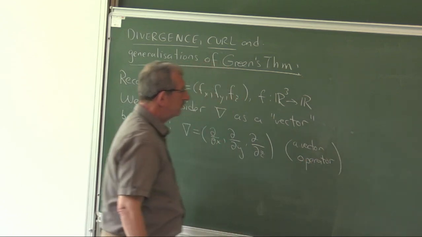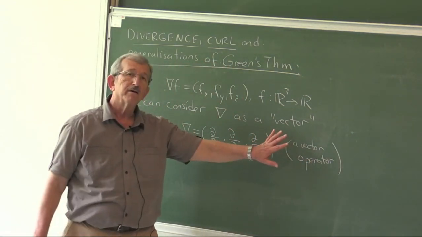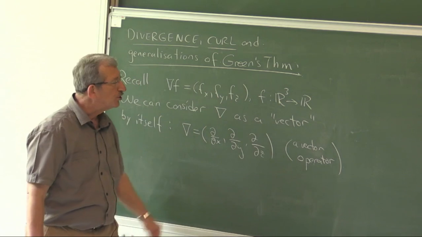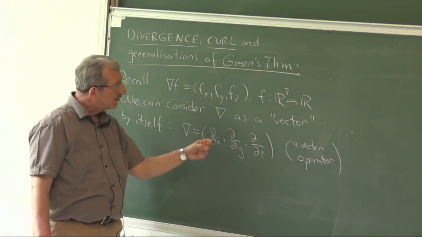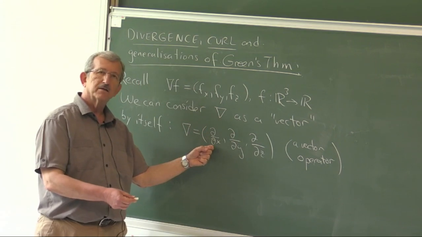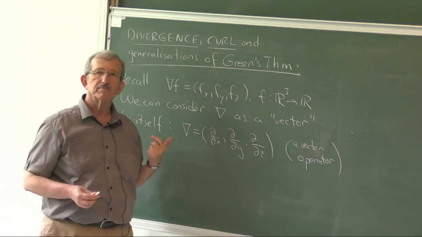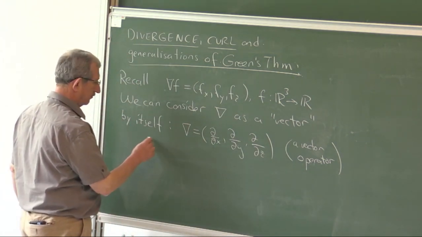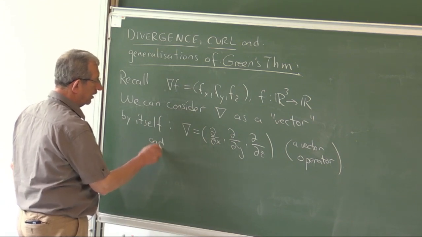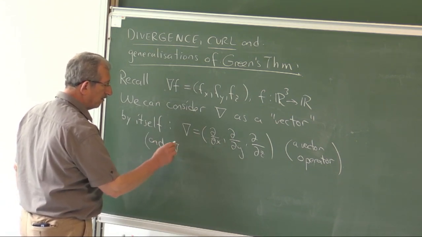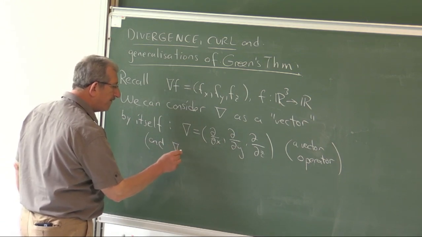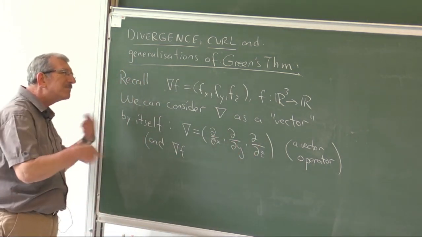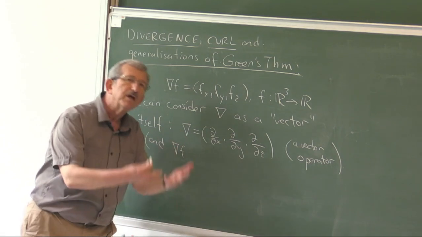This means the following. If you multiply it by a scalar-valued function f, the product of the first component with f means it acts on it, it's the derivative. And of course, the product of del by an f just means you multiply each component by f, but this multiplication is the action of the derivative.